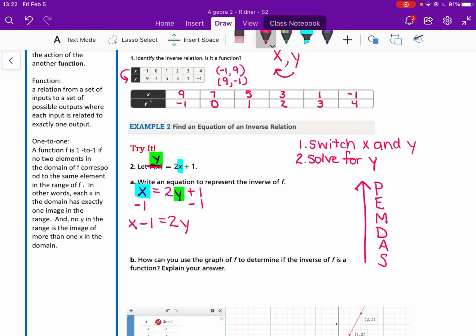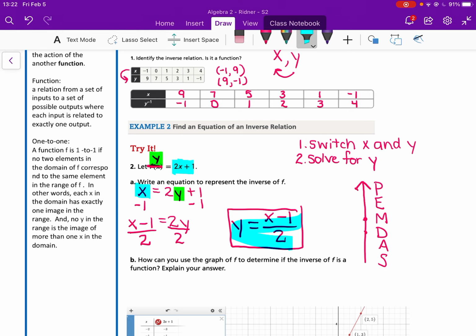Then move up the ladder. Is there something being divided or multiplied that I could undo, or do the inverse of, to divide? Yes. Now I have y by itself. So y equals x minus 1 over 2 is the inverse of 2x plus 1.